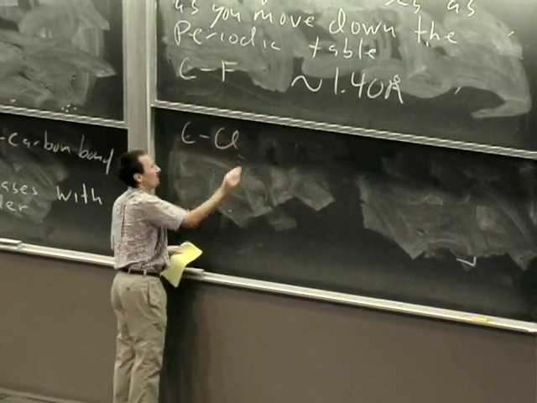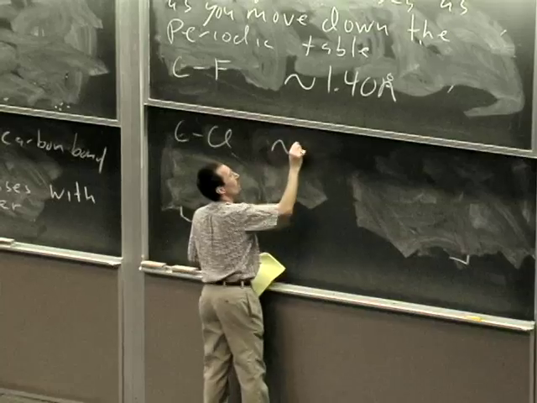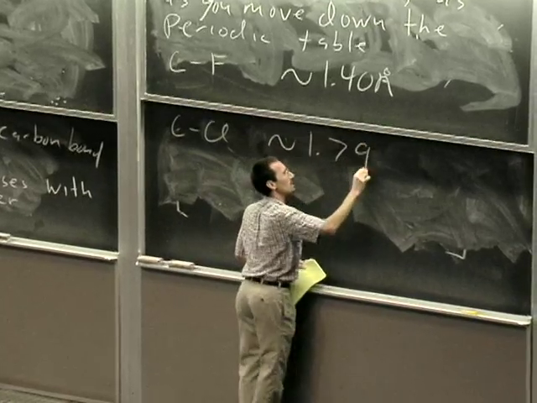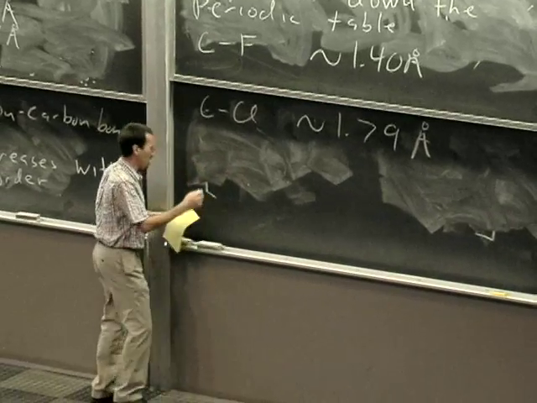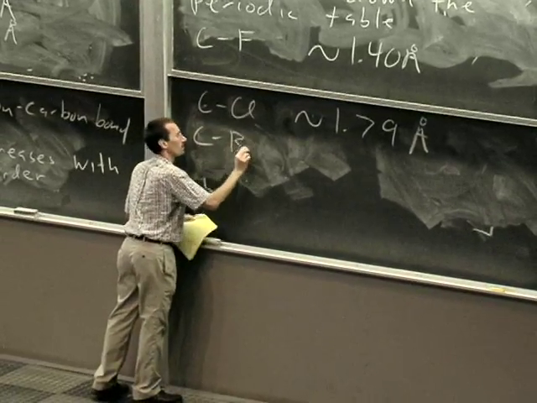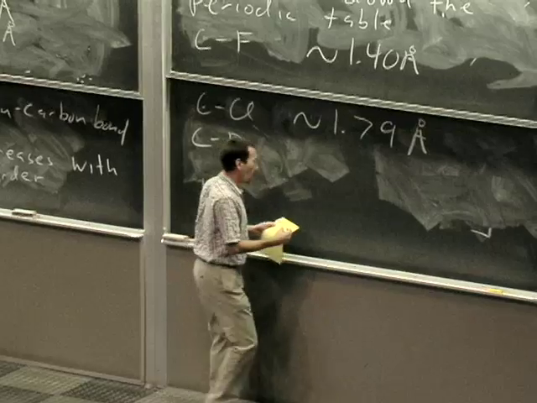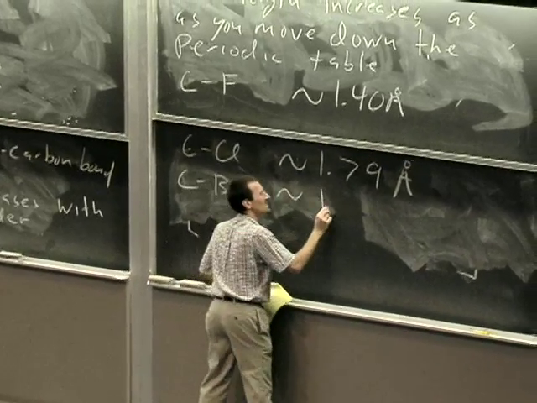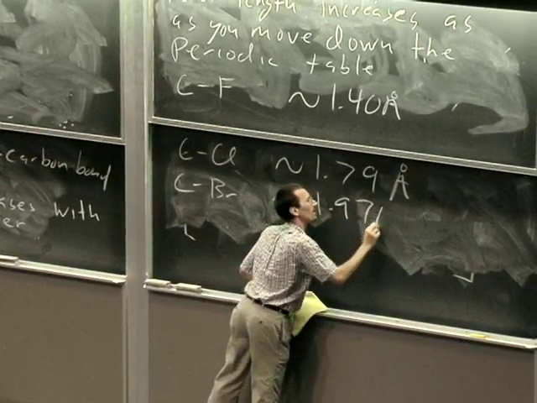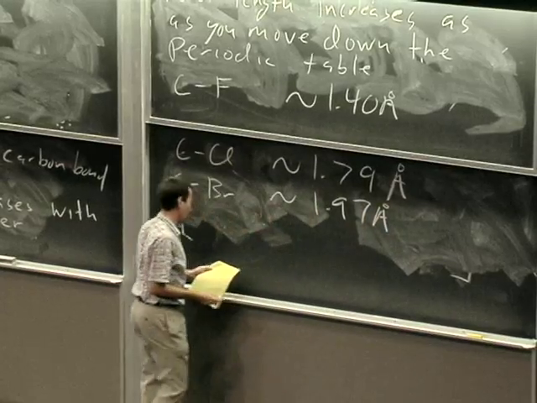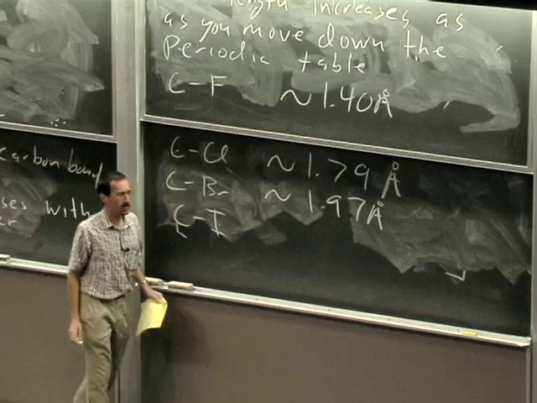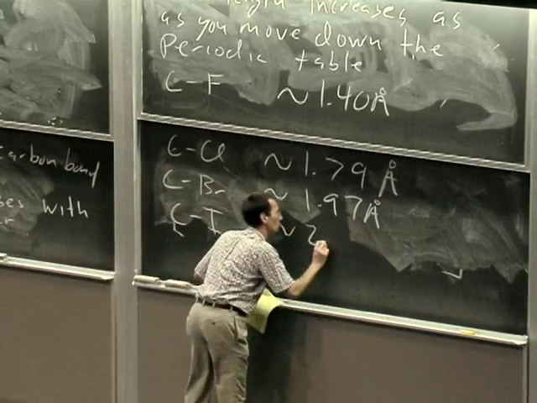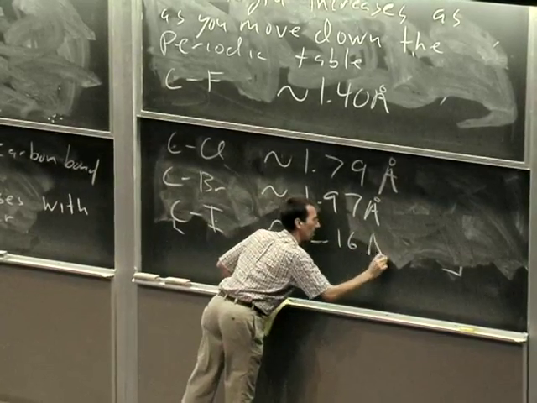Carbon-chlorine bond is about 1.79 angstroms. Carbon-bromine bond is about 1.97 angstroms. And the carbon-iodine bond is about 2.16 angstroms.